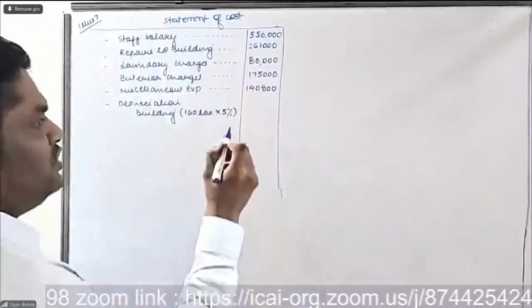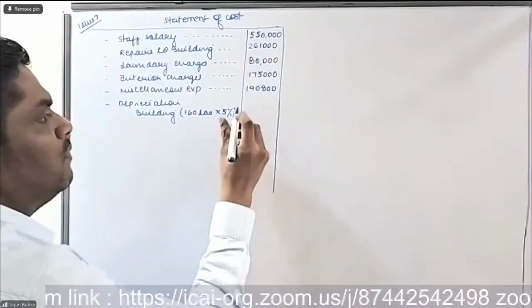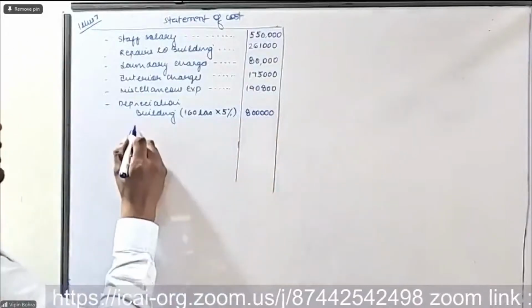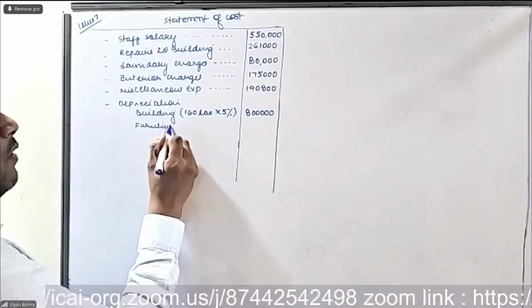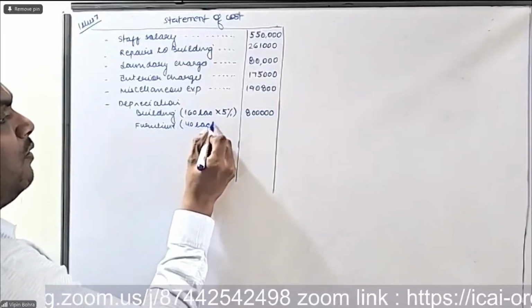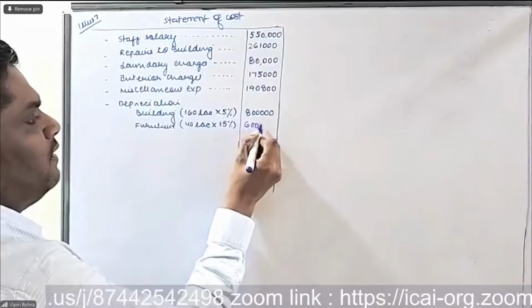So the depreciation amounts to 8 lakh rupees. When talking about furniture, remaining 40 lakhs into the depreciation rate of 15%. So this will be 6 lakh.